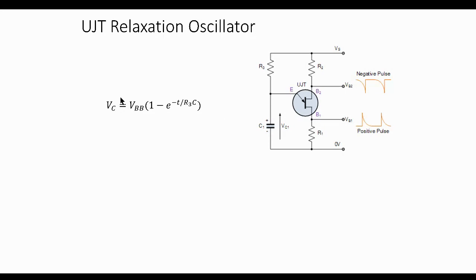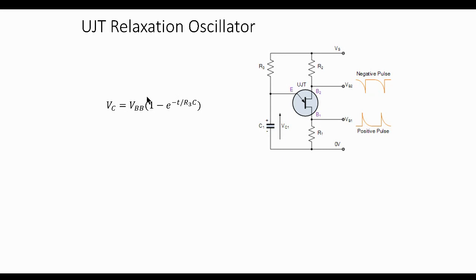Based on this waveform, this characteristic equation that we have here gives the voltage across our oscillator at any given time.